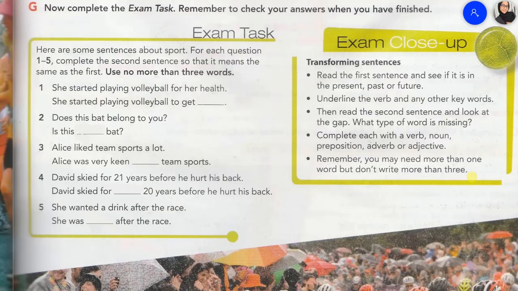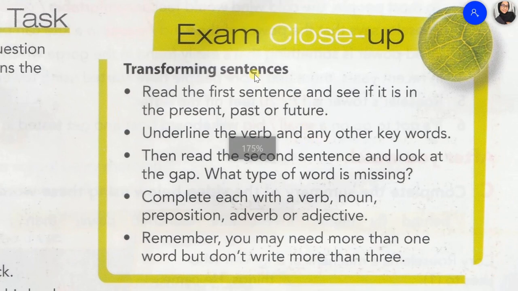Over there. Okay, now before we do the exam task, let's read the exam close-up box here. Okay, when transforming sentences, kita punya exercise hari ni kan berkenaan dengan mengubah ayat, okay.